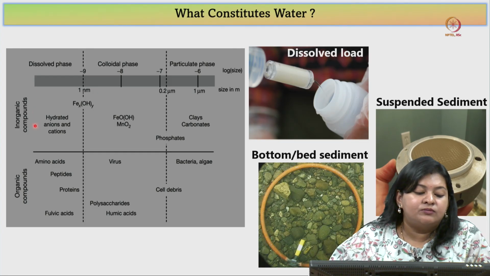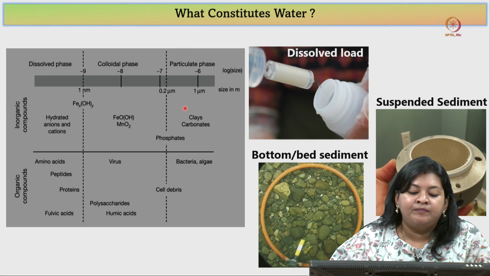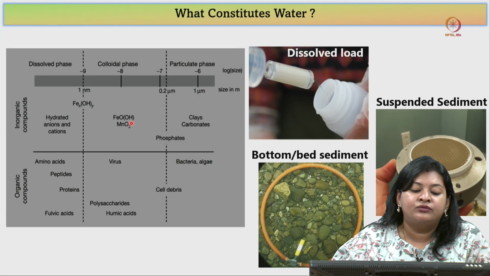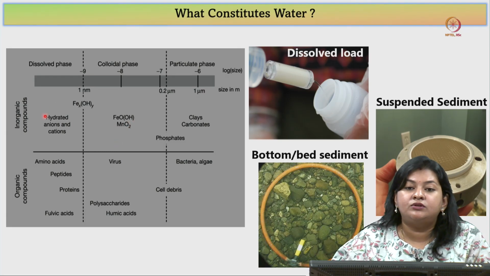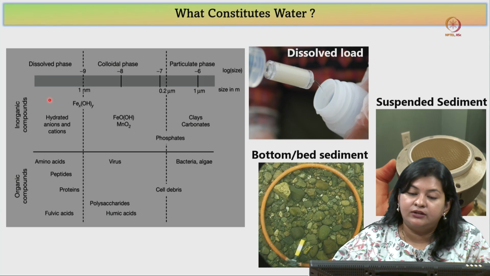This shows the division between the inorganic and organic compounds, and you can see the size differences. Clay, carbonates and phosphates are of a bigger size fraction compared to the colloidal hydroxides of iron and manganese, and most of the elements in their hydrated cation and anionic forms are in the absolutely dissolved phase.